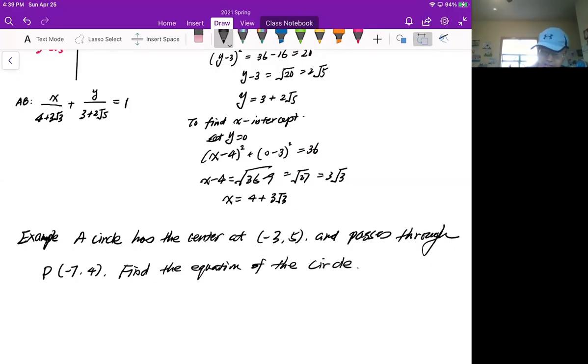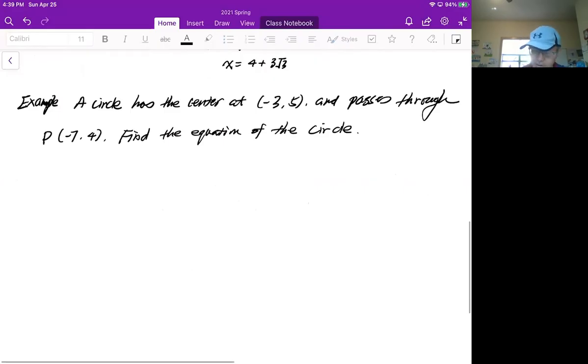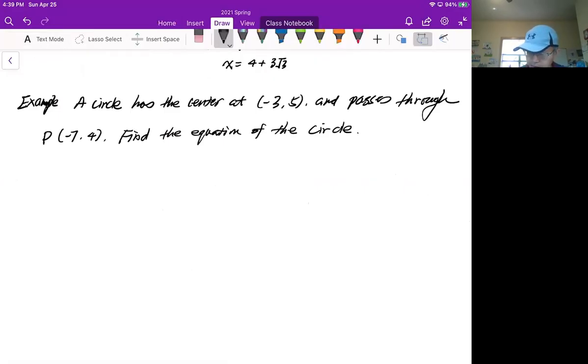Okay, so let's try this. We know the center, and the circle also passes through one point. So the center is here, -3, 5.